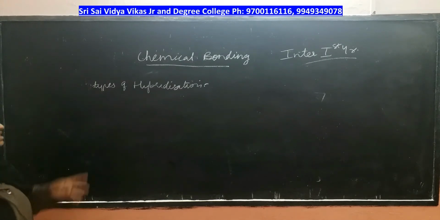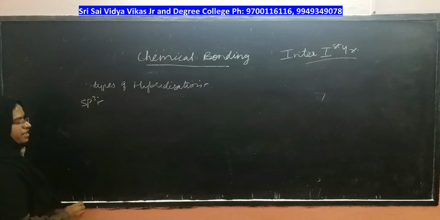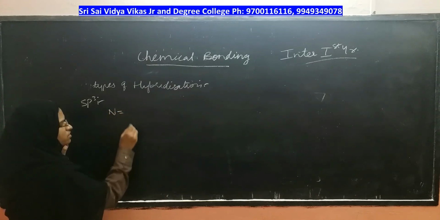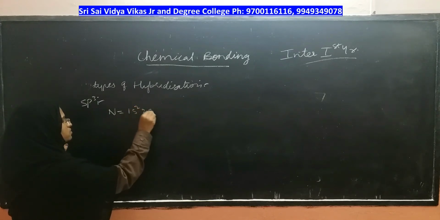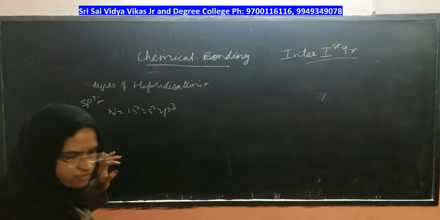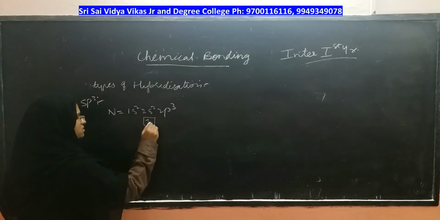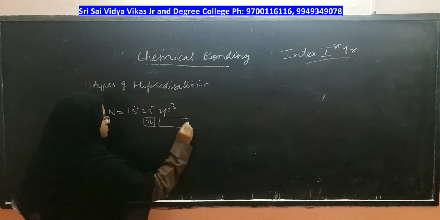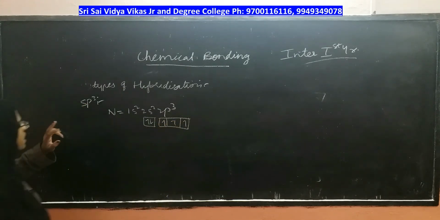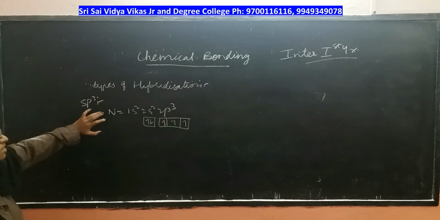Let us take the same sp3 hybridization in ammonia, right? Who is the central atom here? Nitrogen. What is the electronic configuration? 1s2, 2s2, 2p3, right? So now what are the valence orbitals? How many hydrogens are present surrounding the nitrogen? 3 hydrogens.